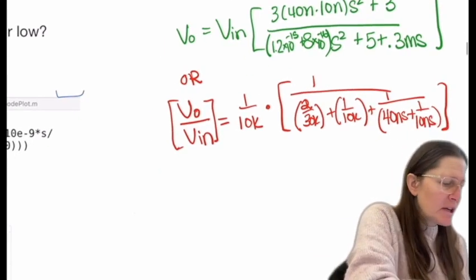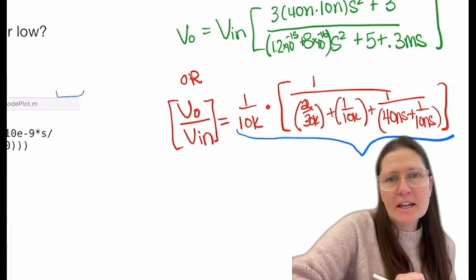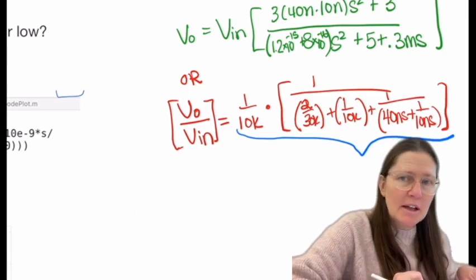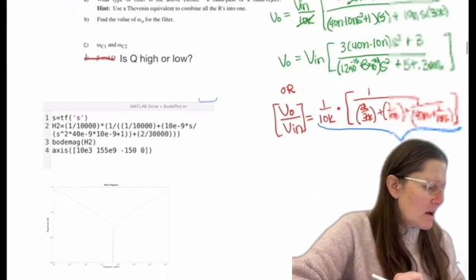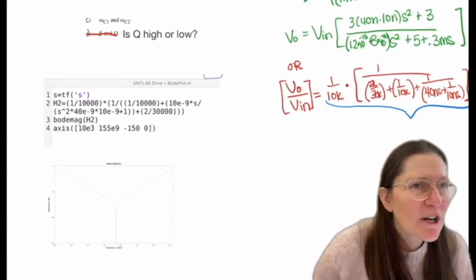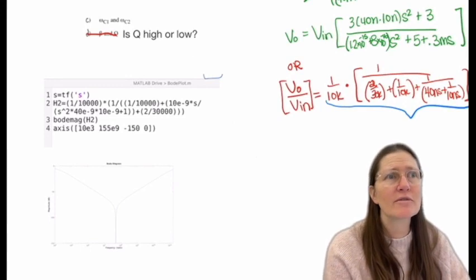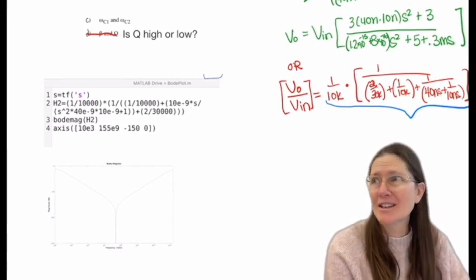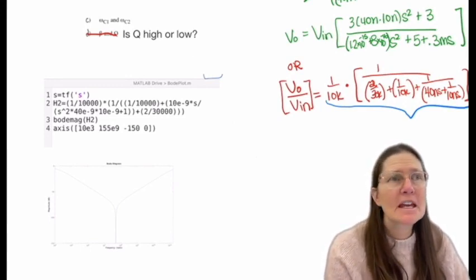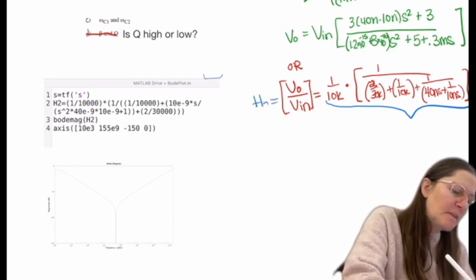So this form here is what you plot, and if you wanted to just put it into MATLAB, this would be the syntax. You define S as a transfer function variable, so you say S is equal to the TF, meaning transfer function variable S. And then H of S will be my equation.